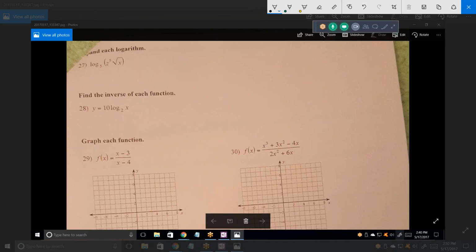Let me think for a second. No, let me do it this way. 2 to the x power equals 7. Give me the logarithmic expression of that.